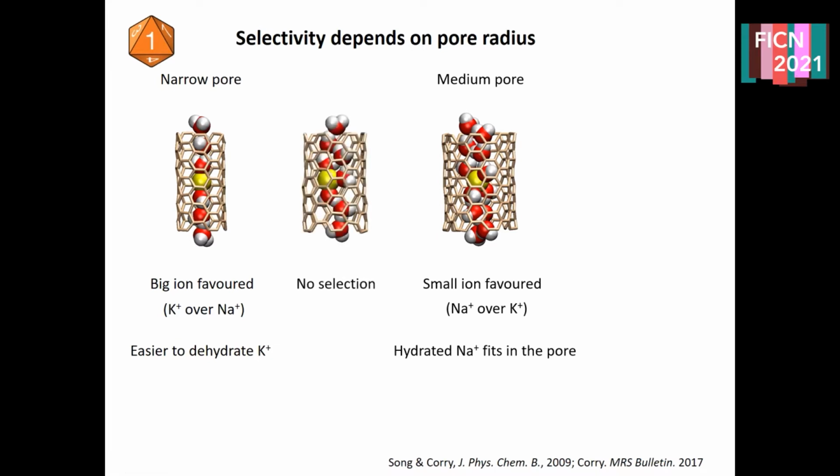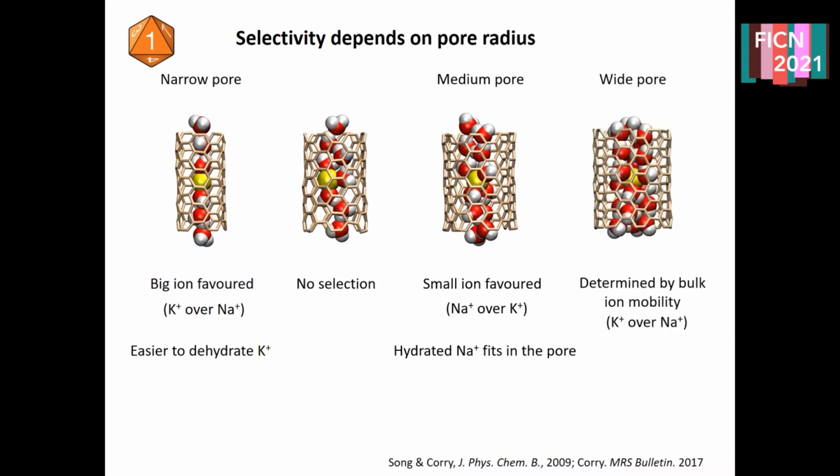Obviously, there's a point in between where these balance out and we'll get no selection. And if we go to a wider pore, both ions fit through with the hydration shell, and we can effectively say there's no ion selectivity. In fact, if we just look at currents, that's going to be determined by the bulk ion mobility. And in this example, we'll always have just a very slight preference for potassium over sodium.